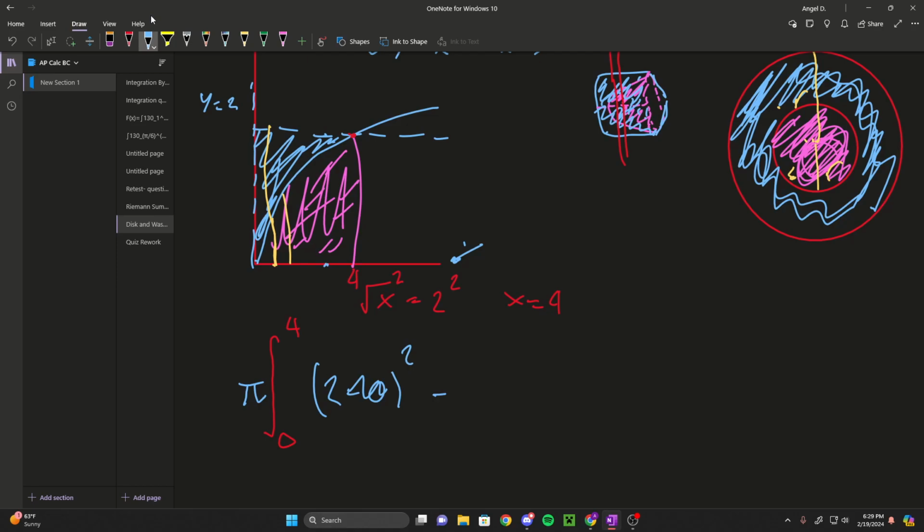Now, to determine this radius, it's from this curve all the way here, which is just root of x, and then our axis of revolution is 0. And that goes away too. So we just have 2 squared, and don't forget dx, minus the root of x squared.